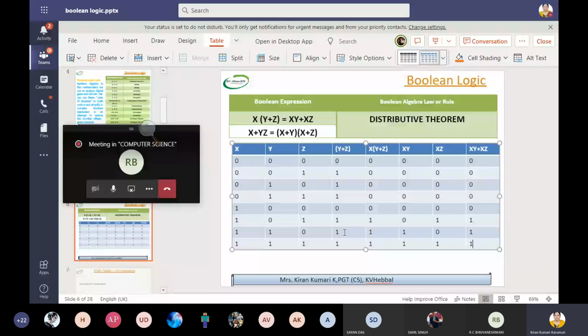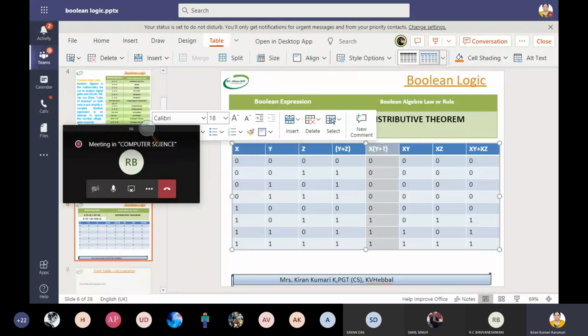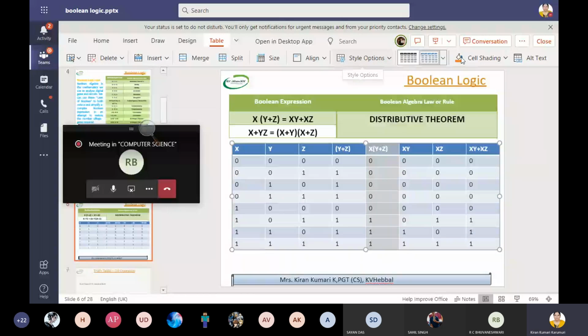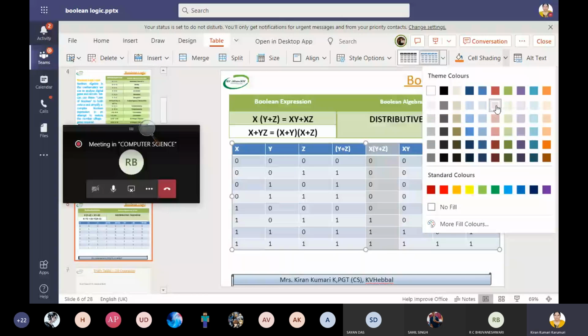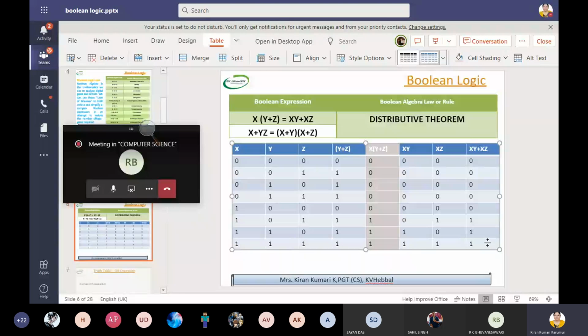Now if you look at this column, that is x and y plus z, then xy plus xz, both should be same. Okay, so here this column, and then this column, both are same or not? Observe, children.